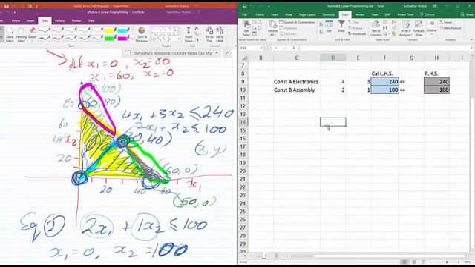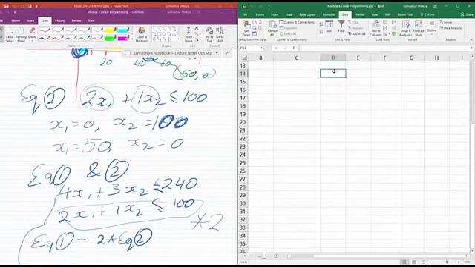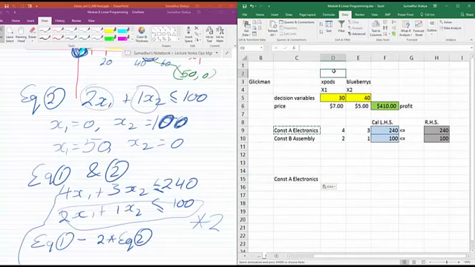So let me bring the basic required information. Using equation 1, for the constraint of electronics, let me copy this and paste it here. I'm going to use the same format or pattern so I can keep track of things, because we will develop this pattern and follow it again and again for the rest of the problems in the chapter.